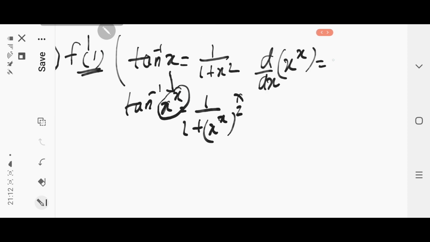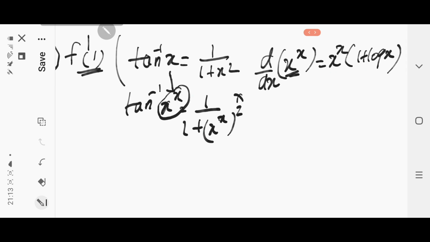What is the derivative of x raised to x? Learn it by heart: x raised to x into 1 plus log x. Since it is an entrance question, don't derive it. In your textbook you apply log on both sides and you have studied that. Remember the result: the derivative of x raised to x is x raised to x into 1 plus log x.